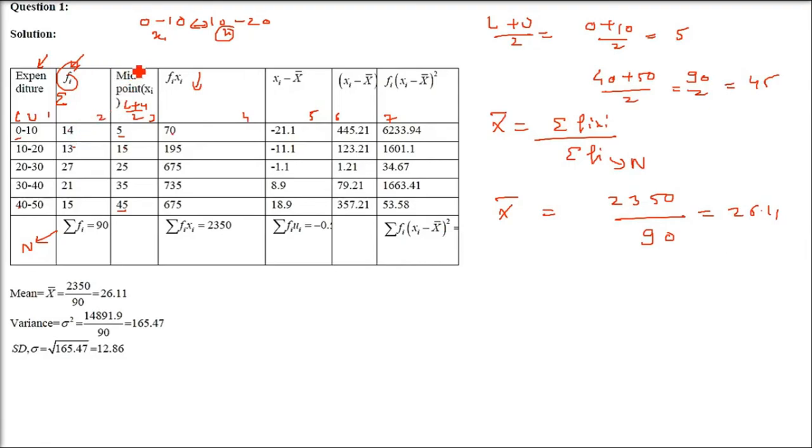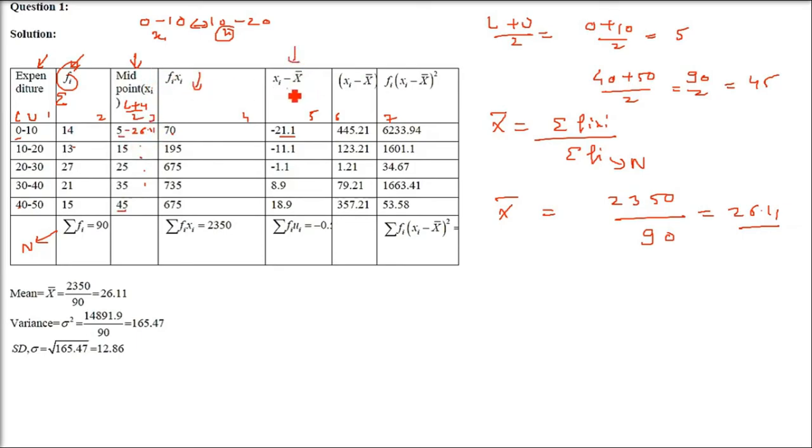Now xi minus x bar. Take the third column and subtract 26.11 from all of them. So 5 minus 26.11 is minus 21.11, like this. Negative is okay because we are going to square eventually. So this is your xi minus x bar.